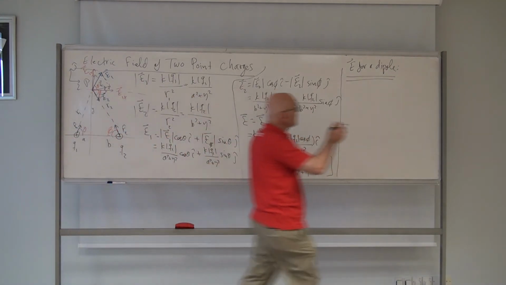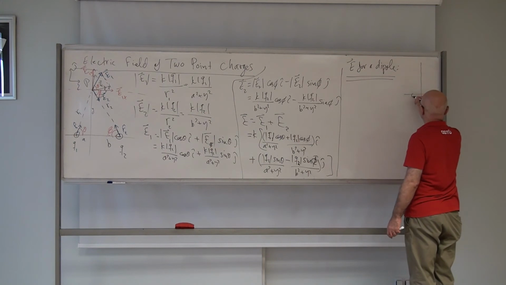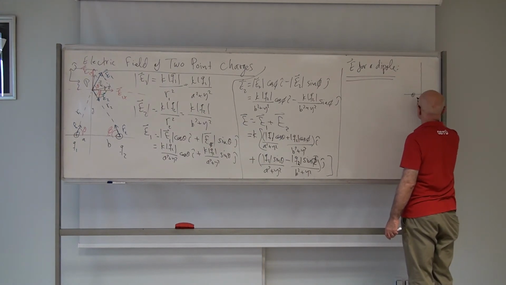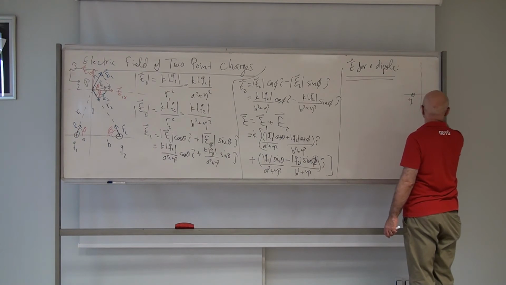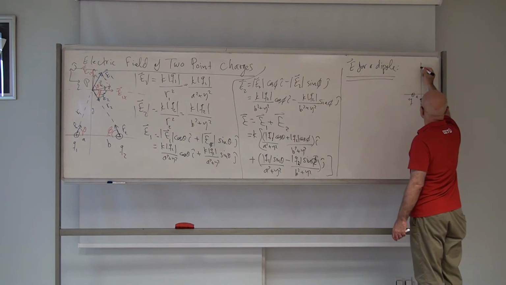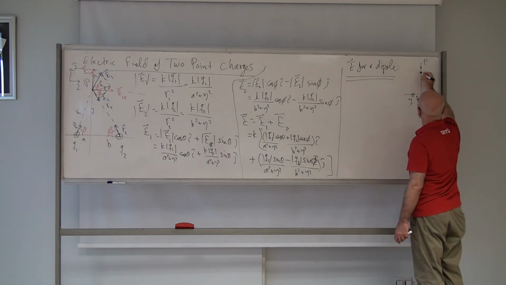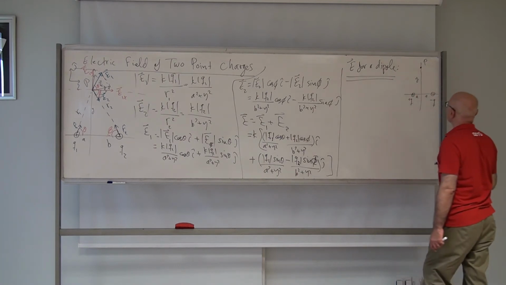So if we sketch it here simply, this is plus Q, this is minus Q, this is A, and this is the point P, and this is the distance y.